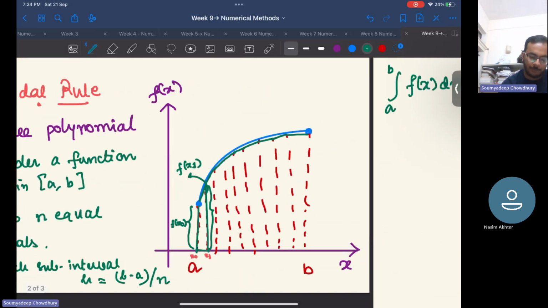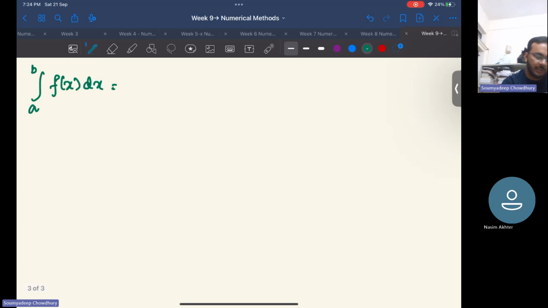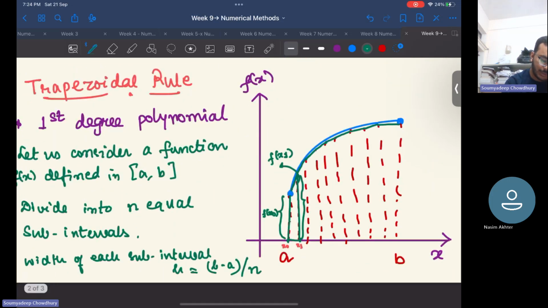And what is the formula for the area of a trapezium? It is half into the sum of the parallel sides, f of x naught plus f of x1, multiplied by the perpendicular distance between them. So what is the perpendicular distance between them? It is basically h, right?